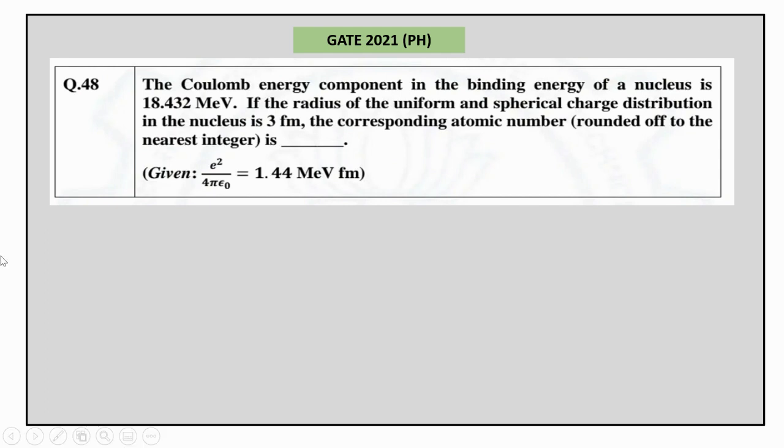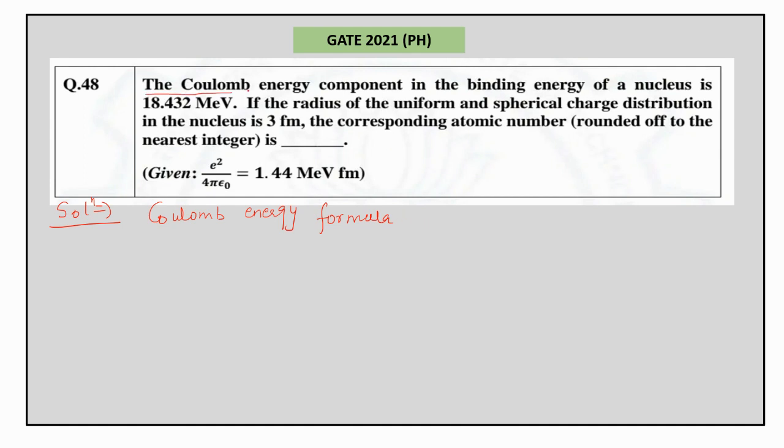So this is the 2021 question. This is a straight formula question. I mean, you just have to apply a formula. So do you know the Coulomb energy formula? So I'll read the question first.